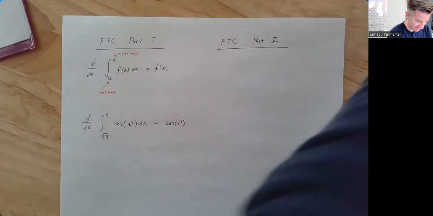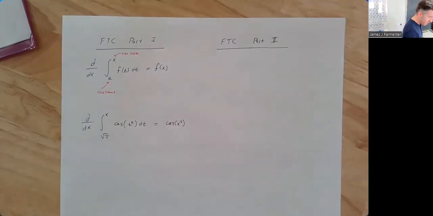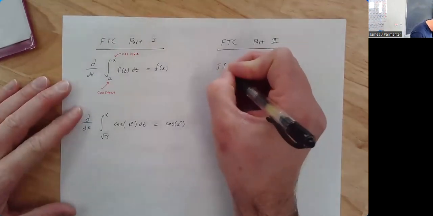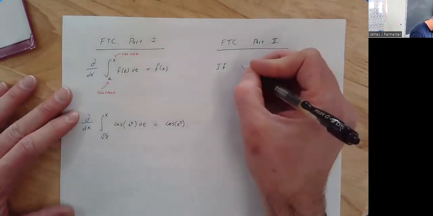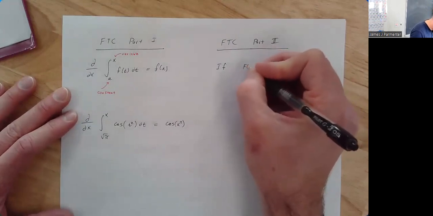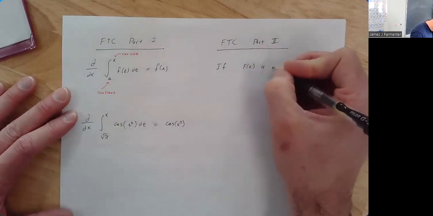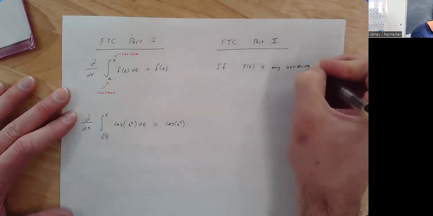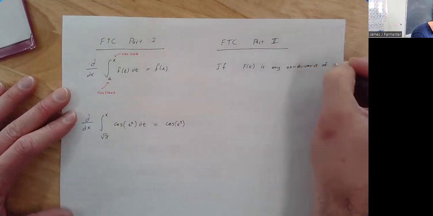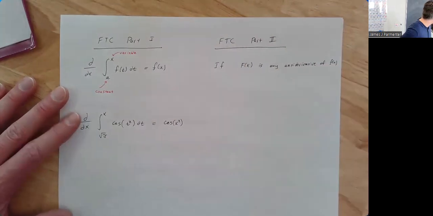Right. Exactly. So here's what the fundamental theorem of calculus part 2 says. If capital F of x is any antiderivative of little f of x, there's a much easier way of writing that.